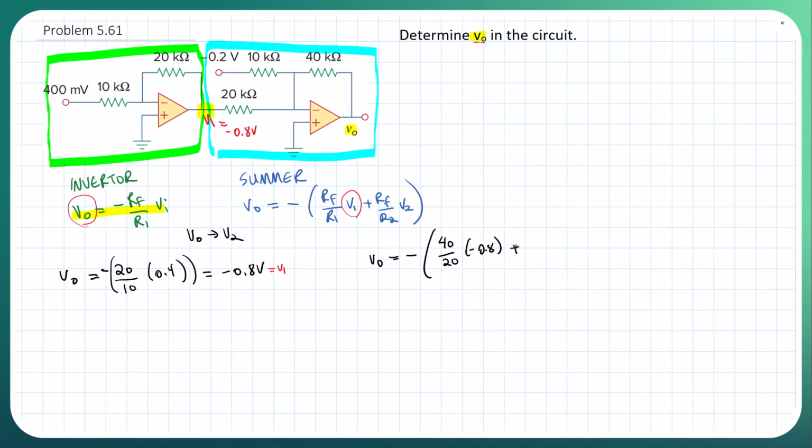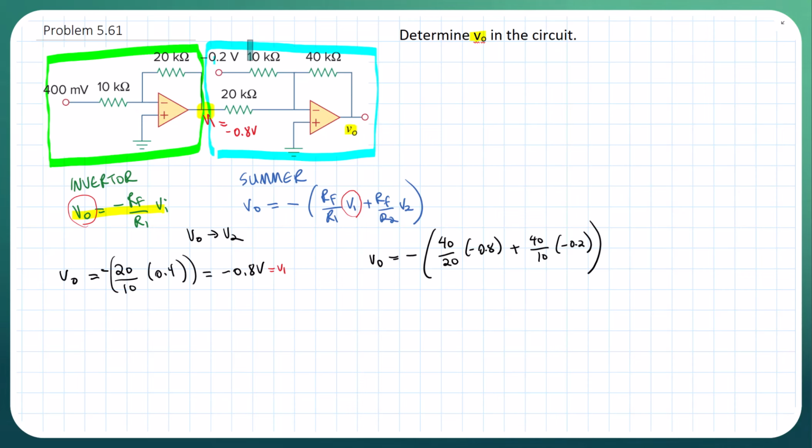Plus, again, 40 over 10 times minus 0.2 volts as our input there. Again, we're looking at the minus 0.2 volts right here.